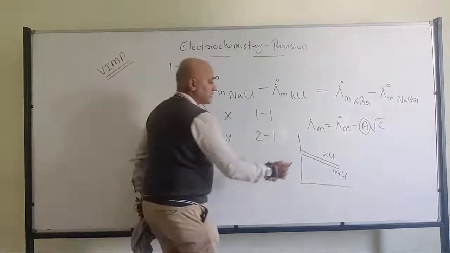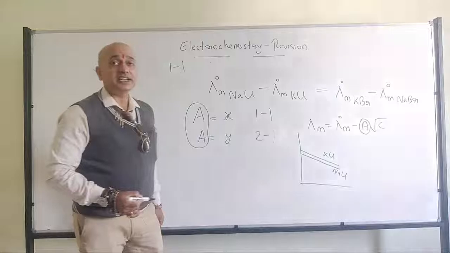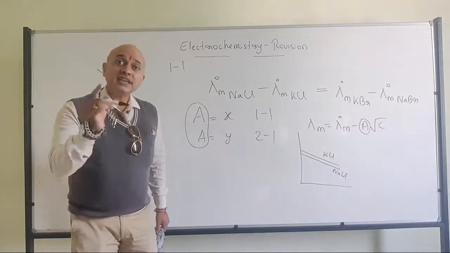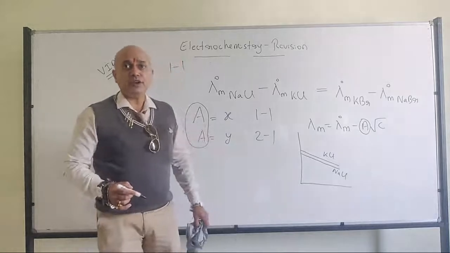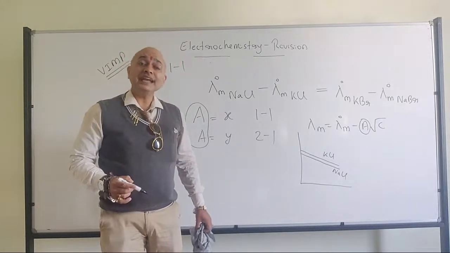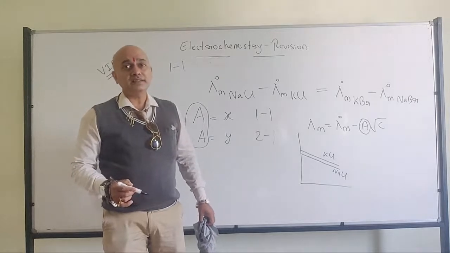Slope values for the KCl straight line and NaCl straight line will be the same. It cannot be different. But they can have different limiting molar conductivity values, no doubt, because we are dealing with Na plus Cl minus, K plus Cl minus.